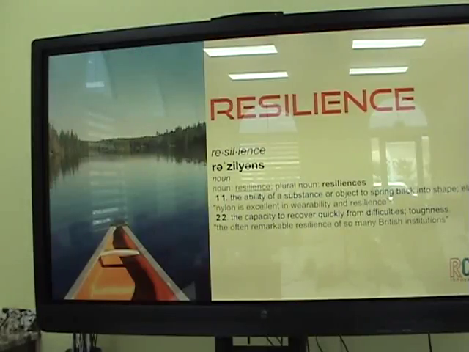Now, our capacity to recover is not based on the resources we have, but on our intent, our ability, and our resolve to get back on track. Do you agree with it? A lot of us have lots of resources. We don't apply them because our intention is not there.